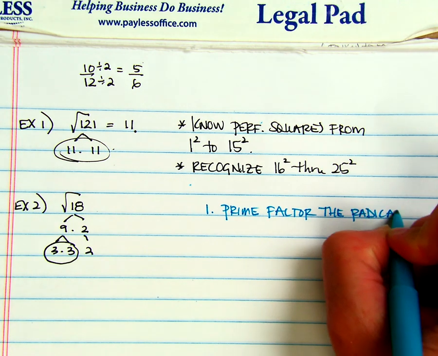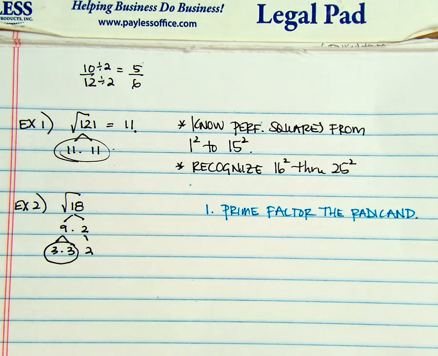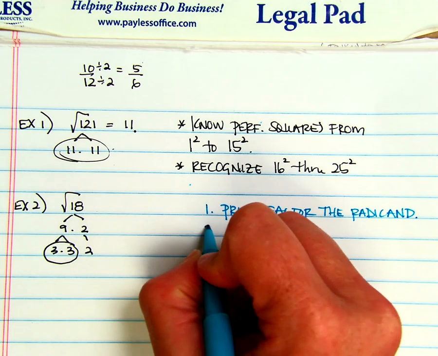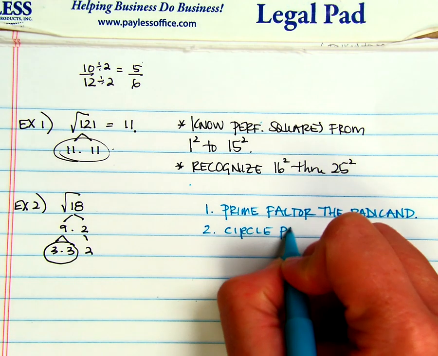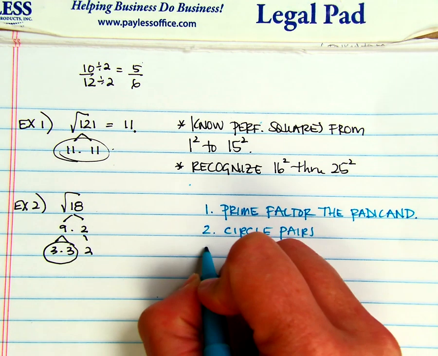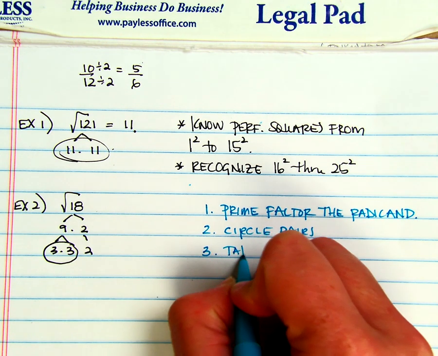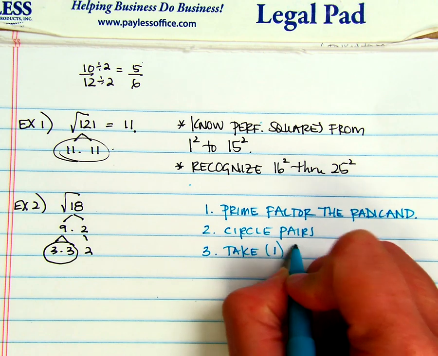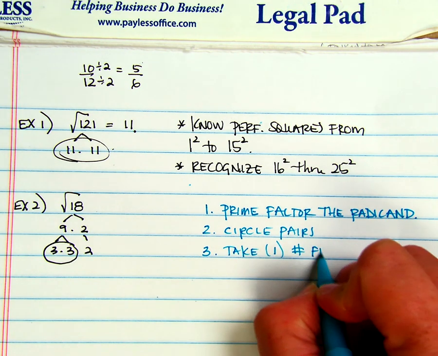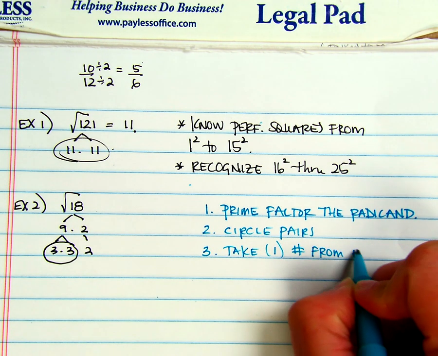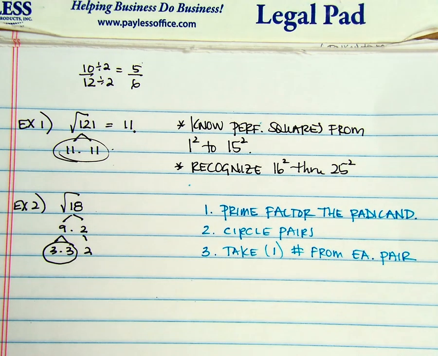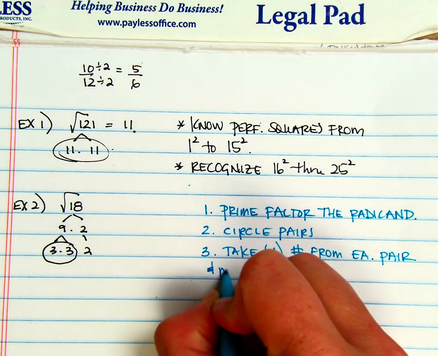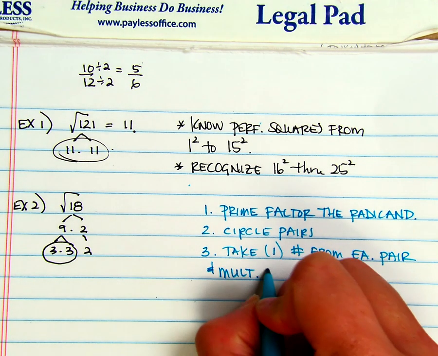Remember, the radicand is the number underneath the radical. So prime factor the radicand. Circle pairs. Take one number from each pair and multiply them together.